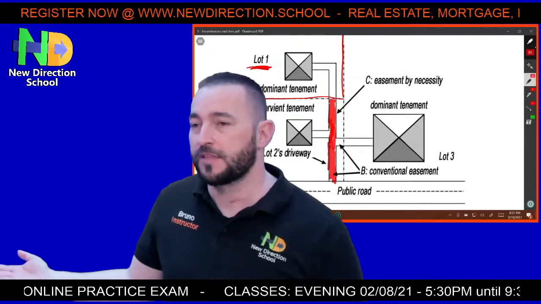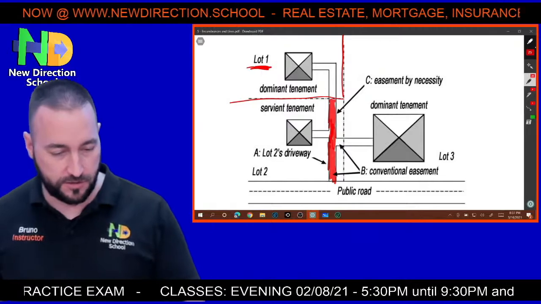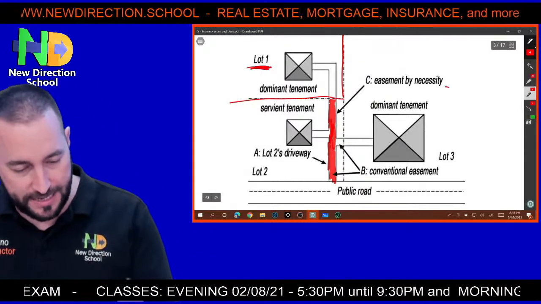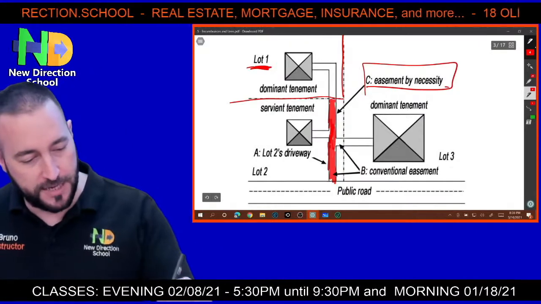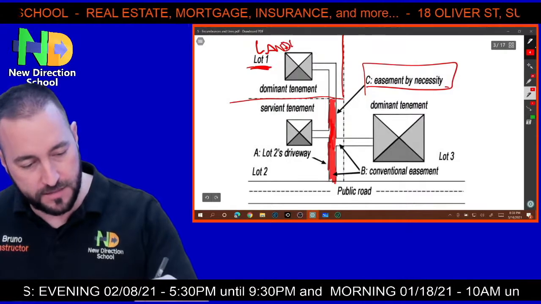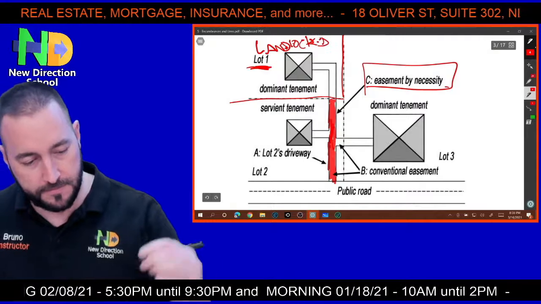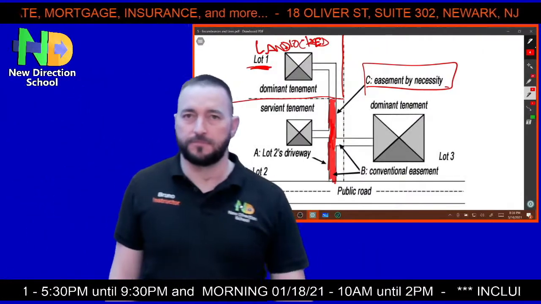All right? There's something called easement by necessity. So not only is it an easement appurtenant because it's attached, it's also an easement by necessity because this guy is landlocked. Okay, landlocked. They need to get to the public road.